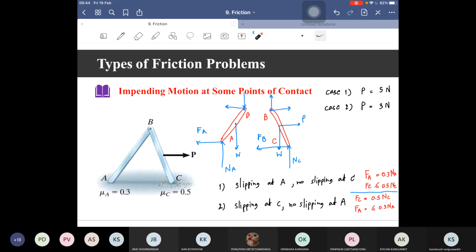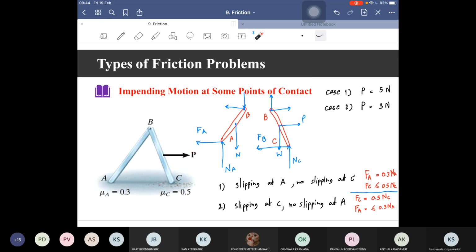Okay, so the important point is to guess how this motion tends to move, and then you can predict the direction of the frictional force, which helps you to solve the problem.